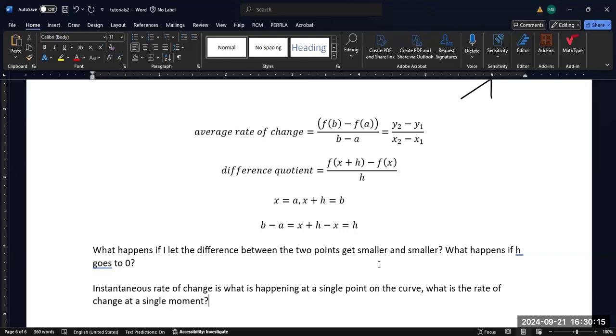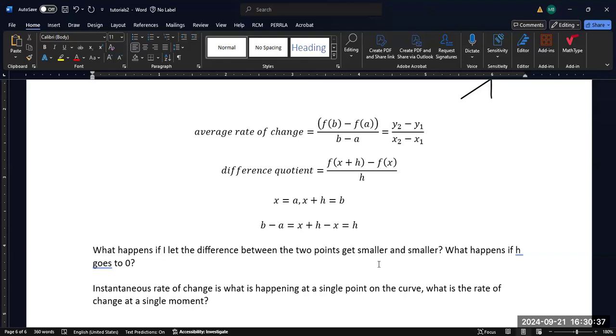Well, you can't calculate the slope between a point and itself. But when you use the difference quotient, you could get an expression for that slope that allows you to actually let h go to 0, and then you can calculate the instantaneous rate of change, what's happening right now.